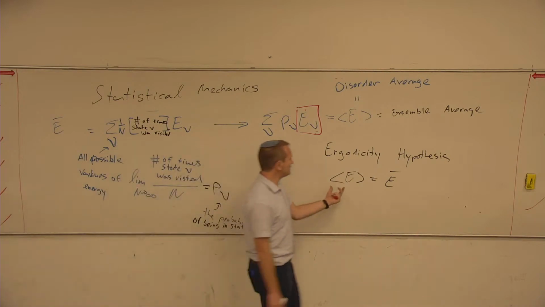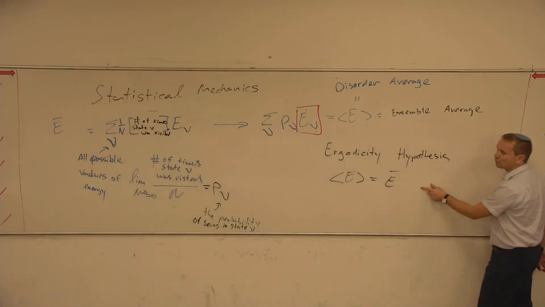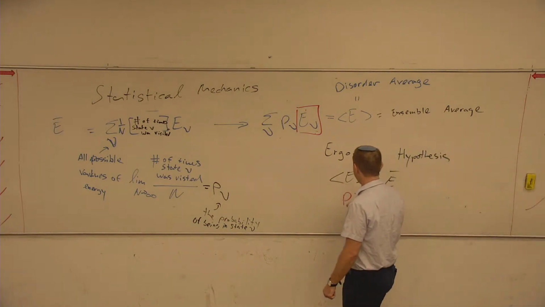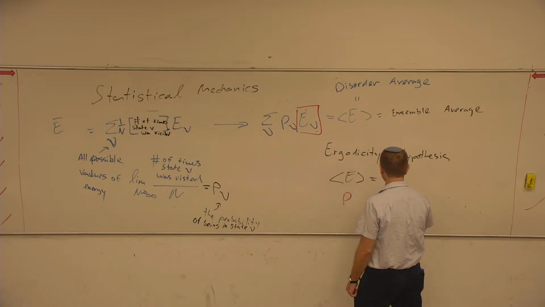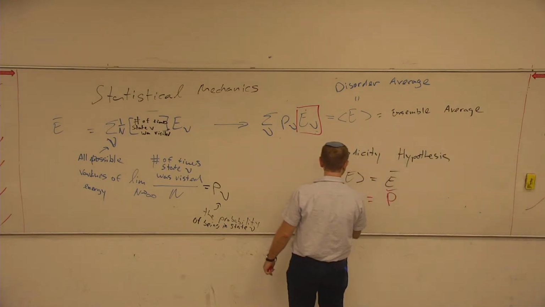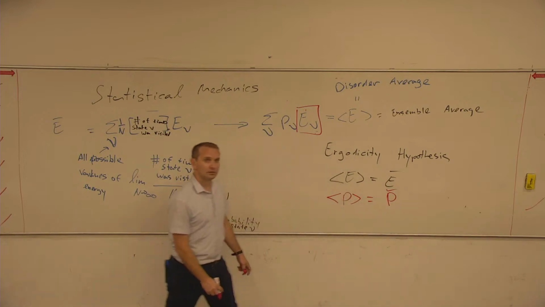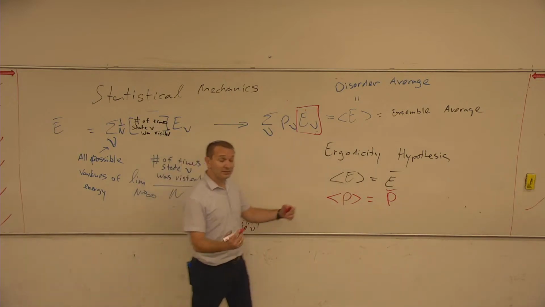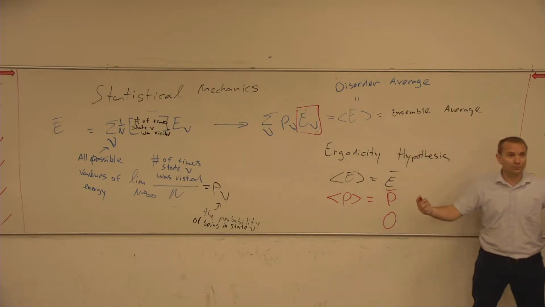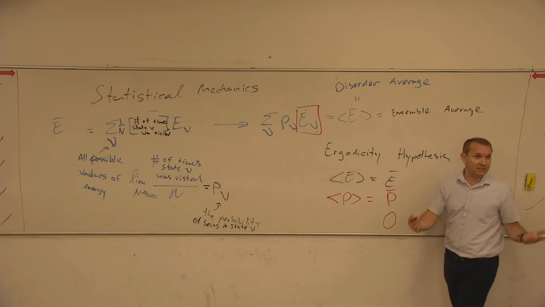Now, this ergodicity hypothesis is not only for energy. If I have any observable, I can ask, what is P bar? I want to calculate the average pressure. I can measure it as a function of time, or I can calculate it in theory. And this goes for any observable O: the volume, the energy, the magnetic flux, whatever.